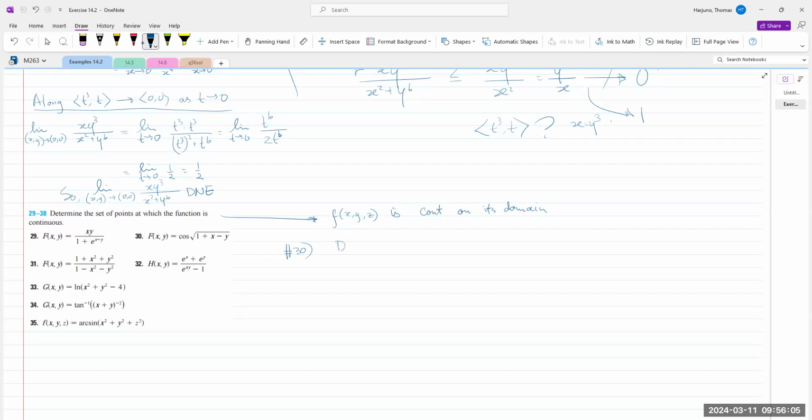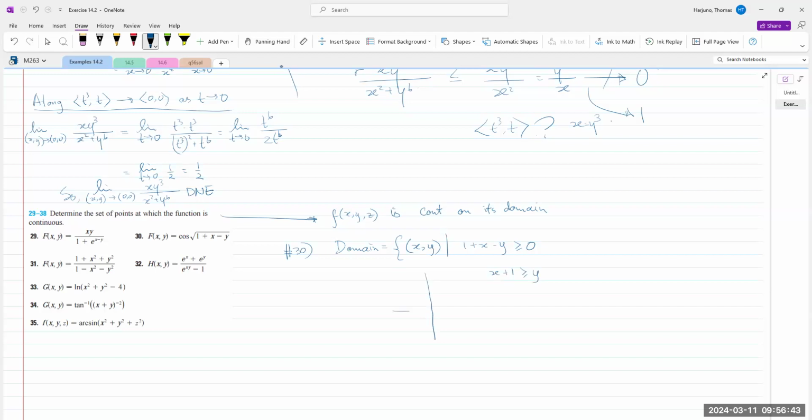the domain is (x, y) where 1 plus x minus y must be non-negative, right? So we will have negative x plus y is less than or equal to 1. Or maybe we write it this way: x plus 1 is greater than or equal to y.